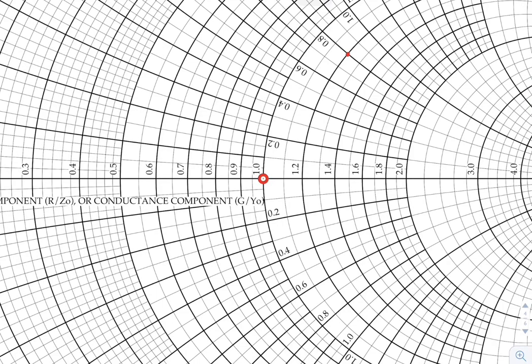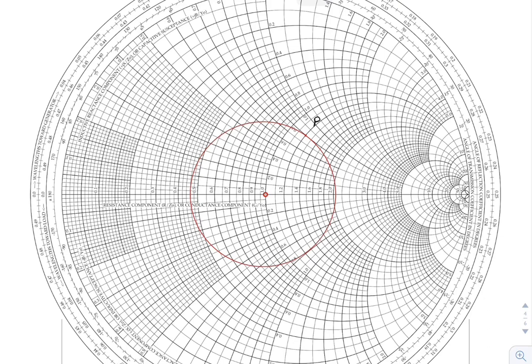The first step is to draw a circle with its center at the center of the Smith chart and with the radius equal to the line joining the center of the Smith chart to this point. Let us say this point is P. So I draw a circle with the center as this point and whose radius is the line joining these two points. Step 2.